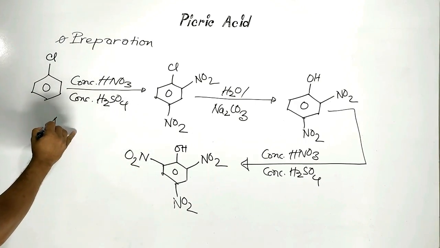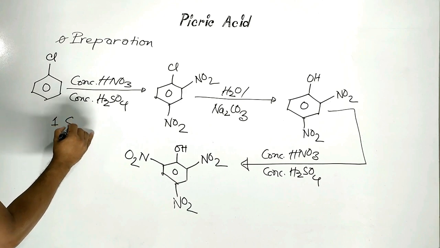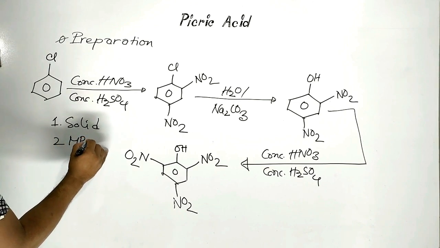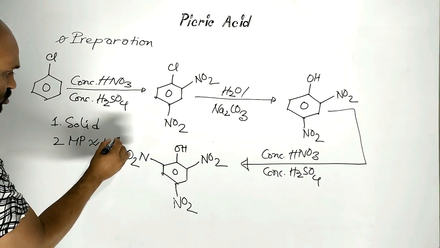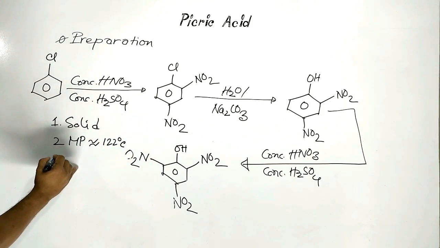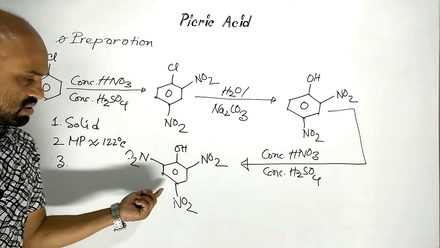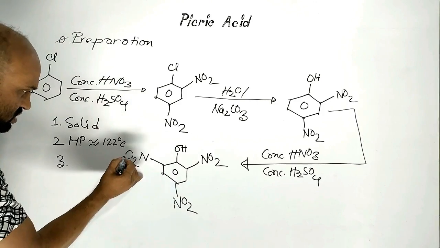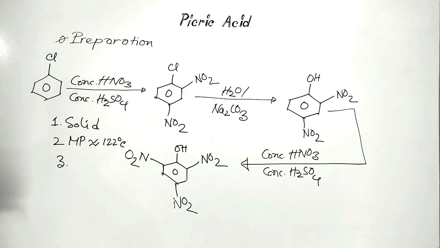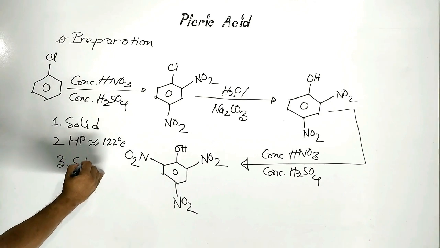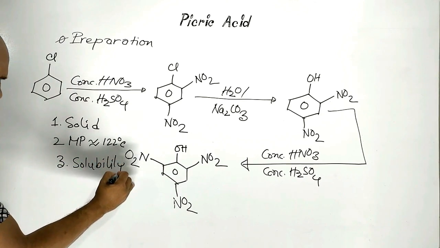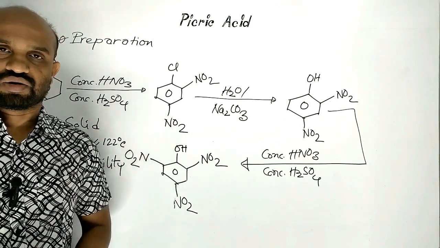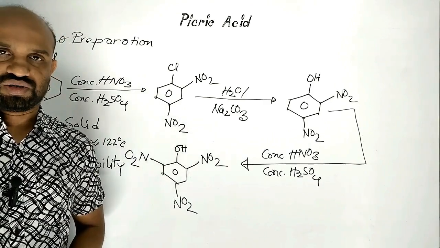This picric acid is a light yellow crystalline solid. Its melting point is around 122 degrees Celsius. Picric acid is soluble in hot water and in alcohol, but insoluble in cold water.